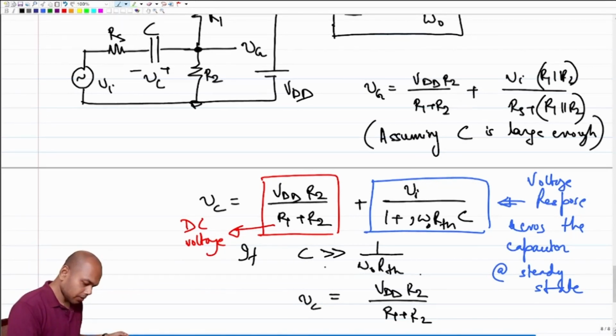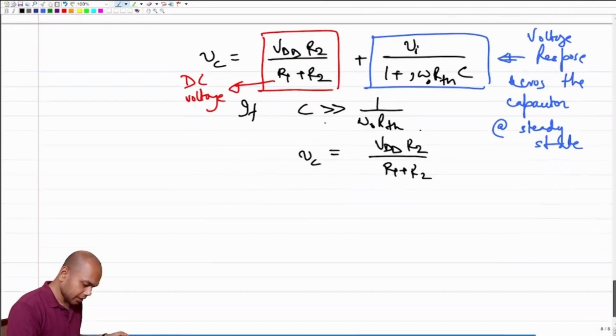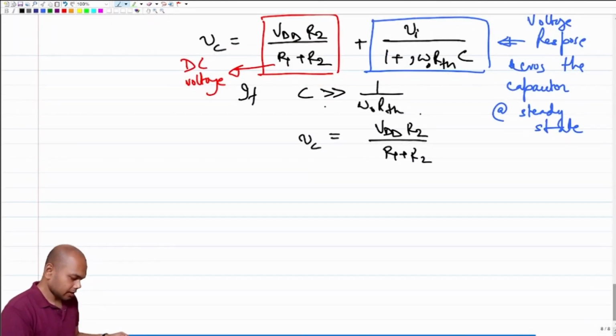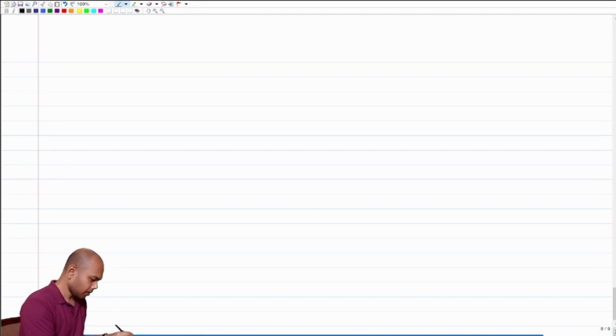Okay, great. Now that we have the biasing picture at the input side, let's redraw our common source amplifier. Let's go to a new page. So the common source amplifier now, at least at the input side, looks to be sorted.